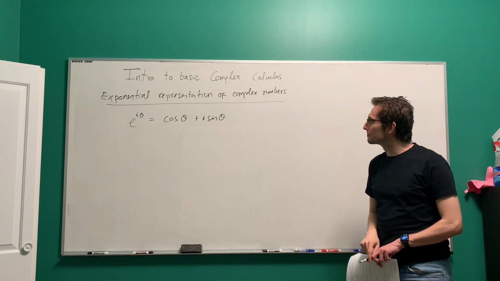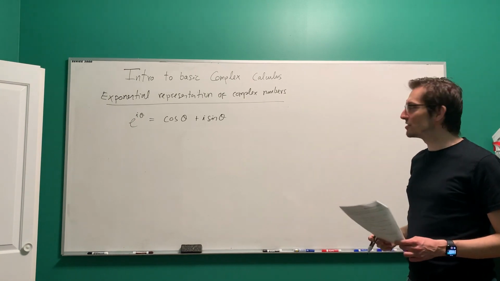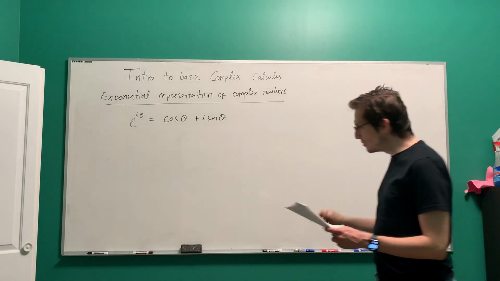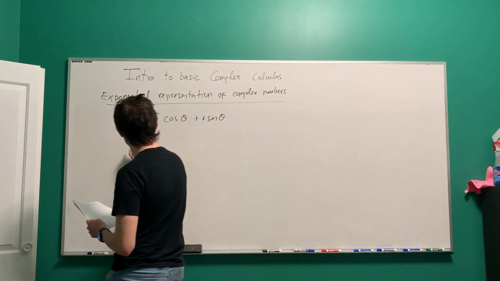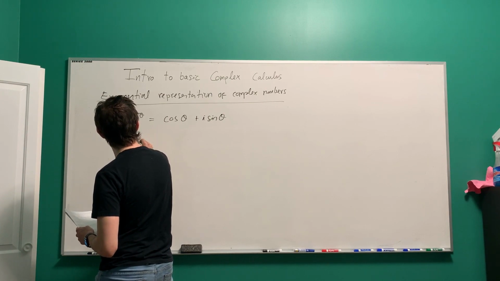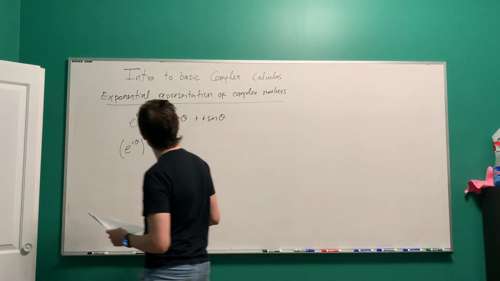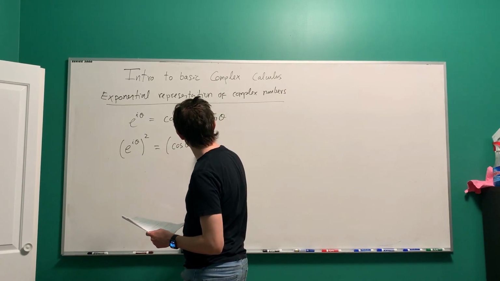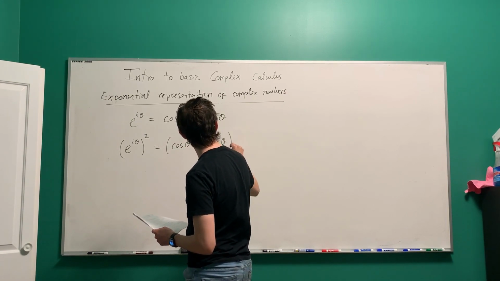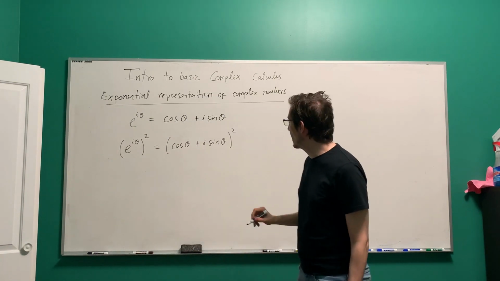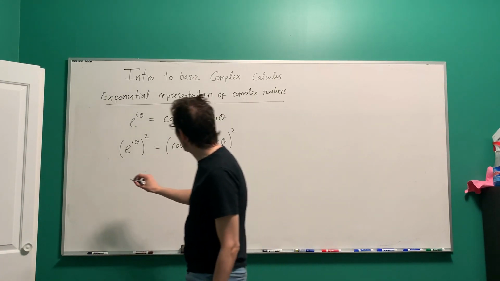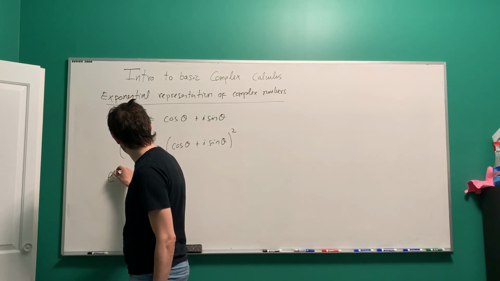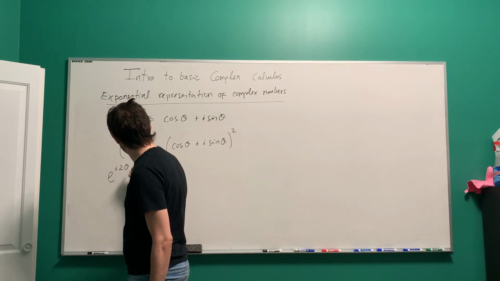Okay, so we have this expression for the exponential of a purely imaginary number. Let's do the following. Let me compute e to the i theta, squared. Of course, I can do the square on both sides. On the left-hand side, I know what it is: this thing is just e to the i 2 theta.